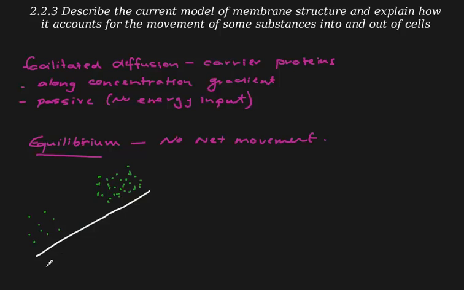This wouldn't occur naturally. So what's needed to move these guys over here and keep them out of here is the input of energy. So this is active transport and requires energy. There are a number of situations, not just the kidneys, where active transport is needed.